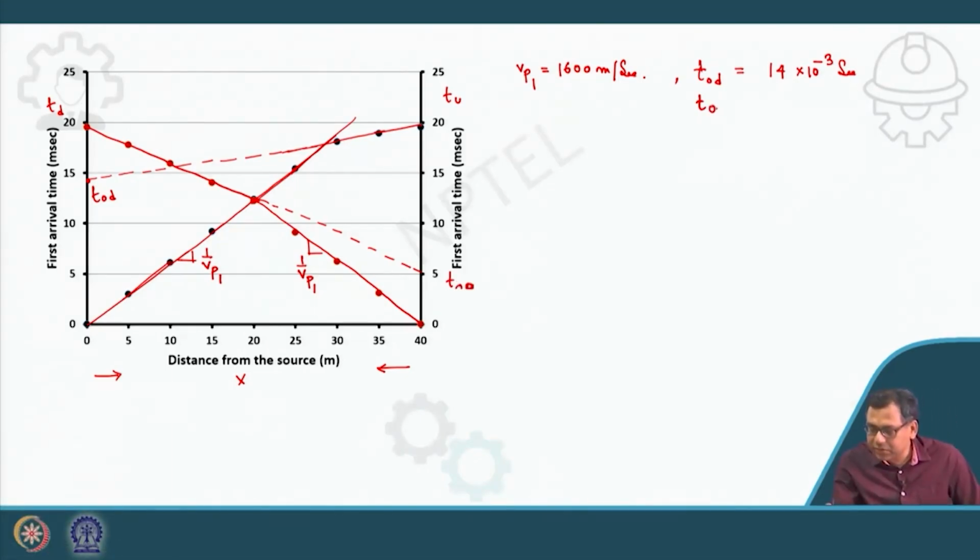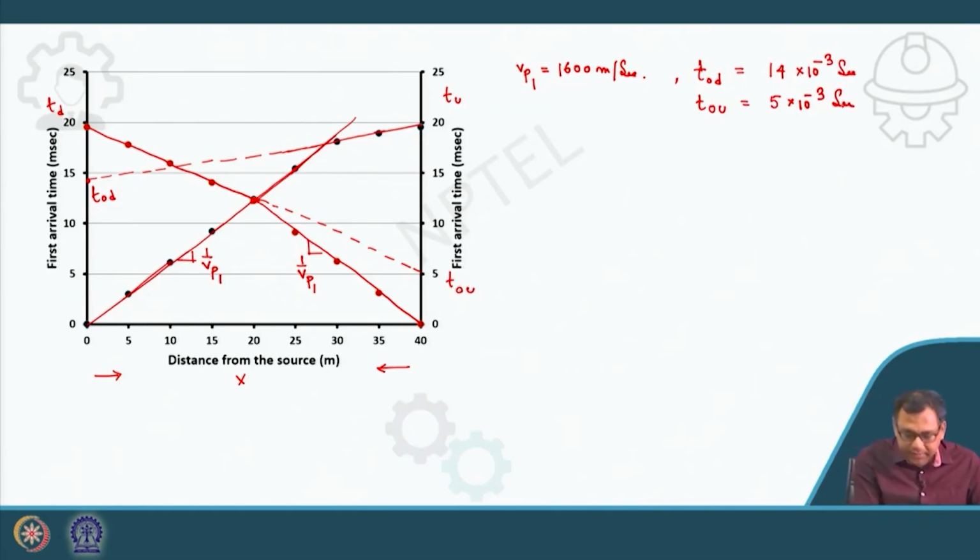So T0U is 5 into 10 to the power minus 3 second.